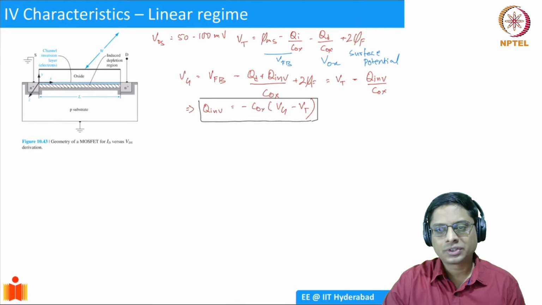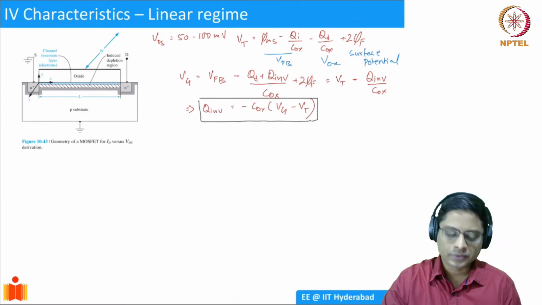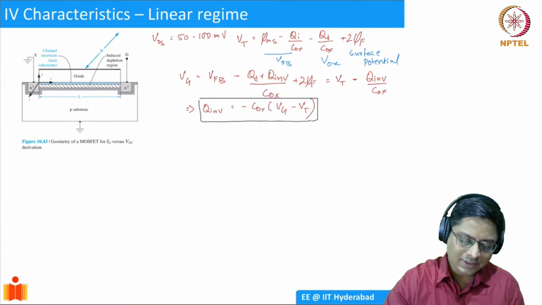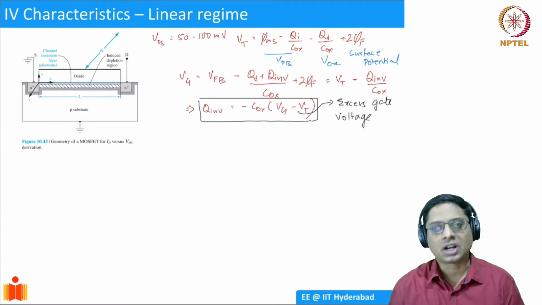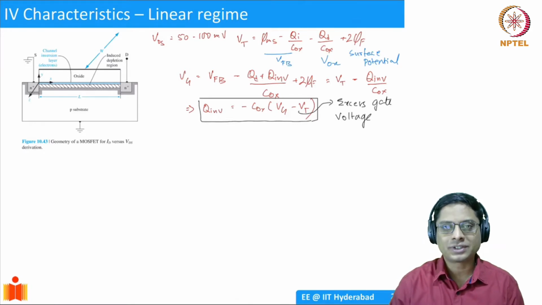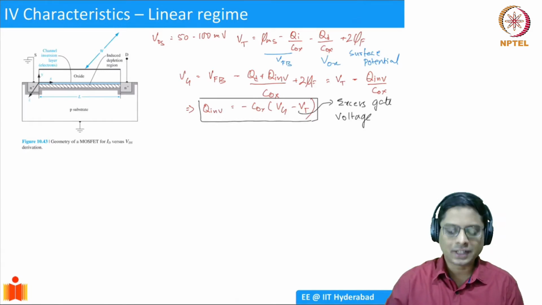If you apply a voltage V, you will get a charge Q, where capacitance is C. Similarly here, Vg minus Vt is essentially the excess gate voltage, or basically the gate voltage over VT. If I apply that, I'm going to get an inversion charge equal to the capacitance Cox times the excess gate voltage. That's a very nice and elegant expression.